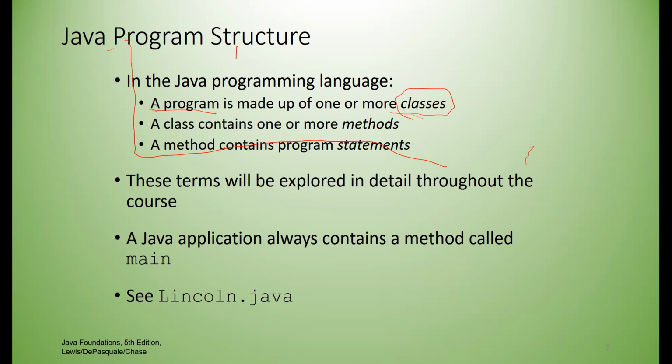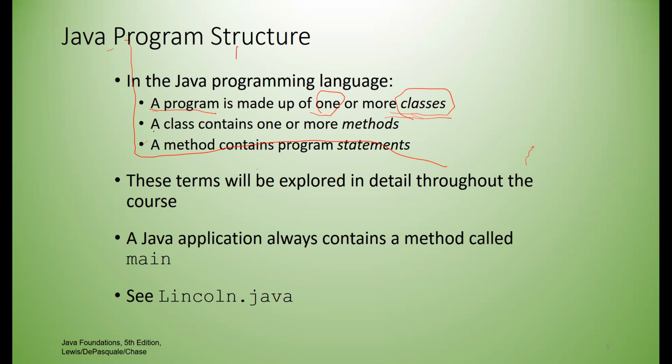We are not going to specify that as much because class is an object-oriented terminology, and we are not going to discuss it much in this class. You will see that once we begin to write. A program is made up of one or more classes, so at least one.